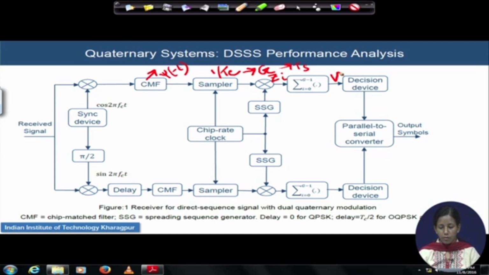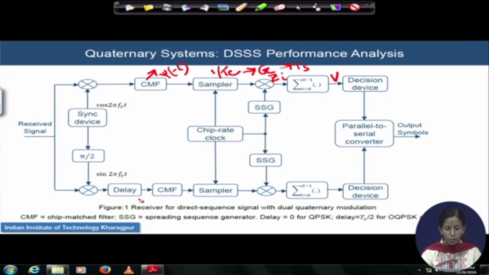Here, as we have two different carriers, one on the sine and another on the cosine, we will have two independent paths processing in parallel in the receiver. The received signal in this quaternary system will be multiplied with cos 2πfct as well as sin 2πfct, generated by the π/2 shifting of the synced signal.